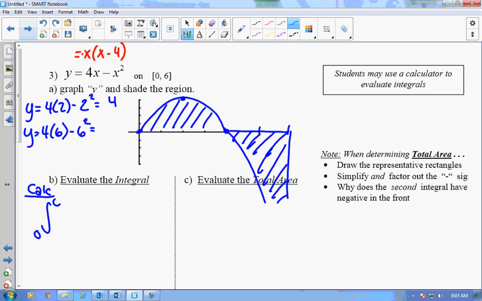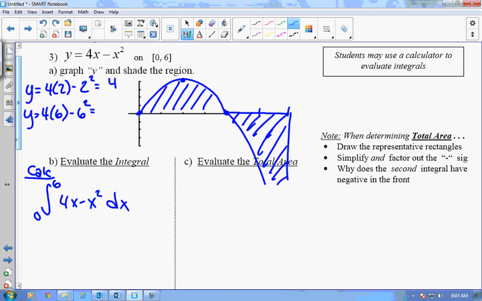From 0 to 6, what comes after the integral? 4x minus x squared. What's wrong with this? Parentheses, exactly. Why do I need parentheses?